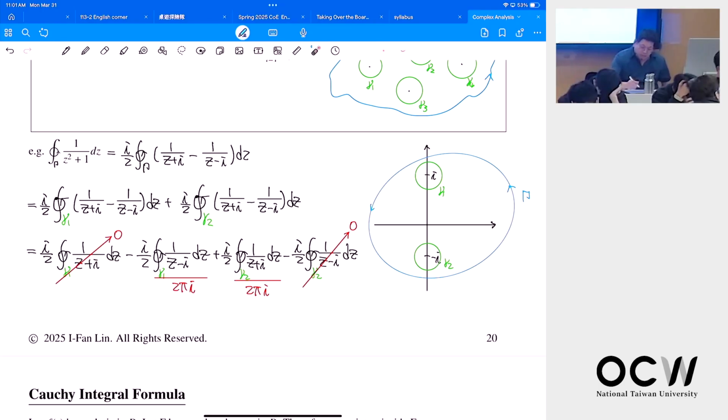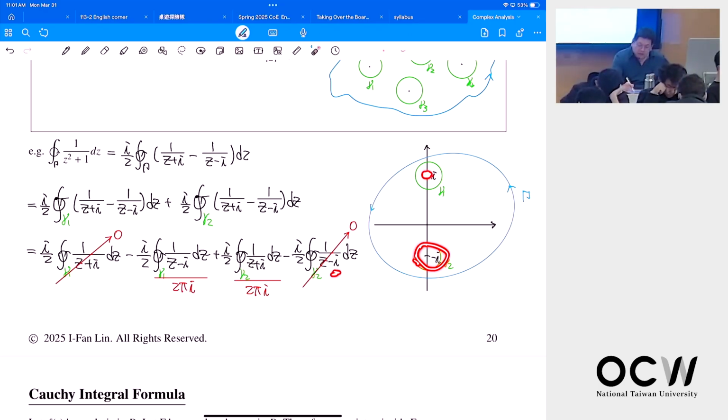Because now let's see this integration. I focus on gamma 2, this closed curve. But the singular point, z plus i, it's here, and I enclose this singular point. So after the integration, you'll get 2 pi i. But for the last term, the closed curve gamma 2 is here, but your singular point is i.